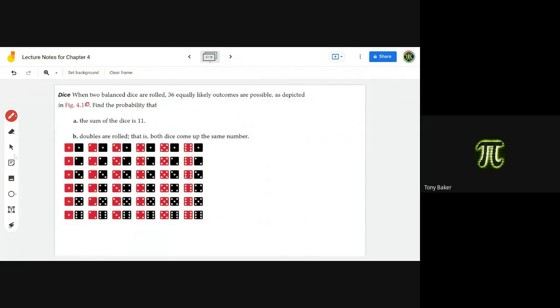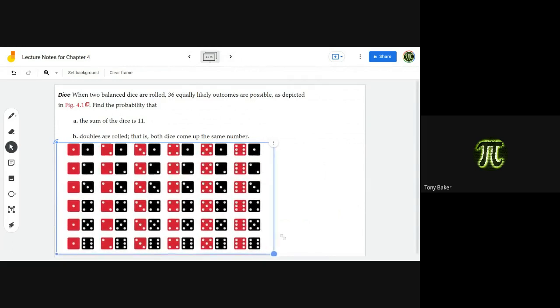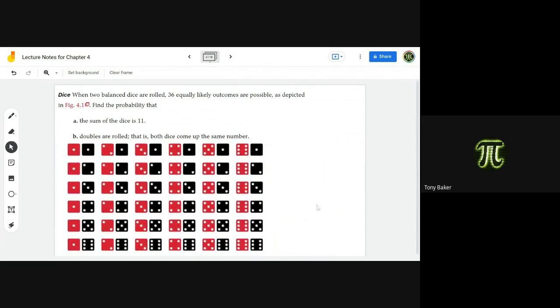All right. Let's look at some dice. So in this problem, we have all the possible ways that you can roll 2 dice. It tells you that there's 36 possible outcomes.